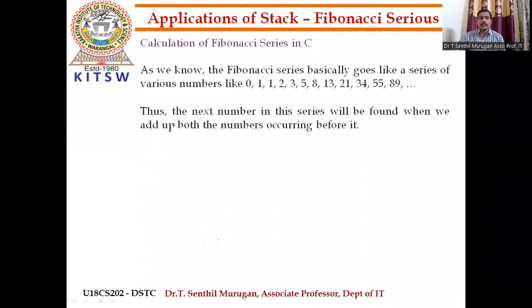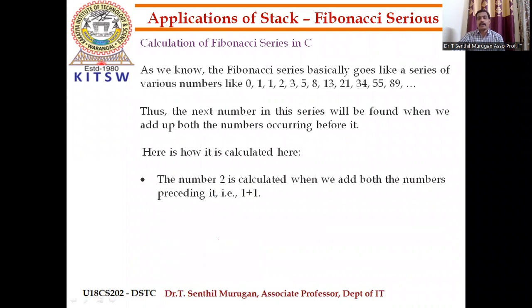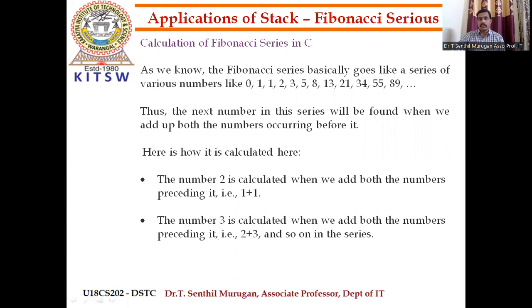If we know the first number and the second number, we have to generate the third number. The third number is the first term plus the second term, the fourth term is the second term plus the third term, the fifth term is the third term plus the fourth term, and like that we can calculate.